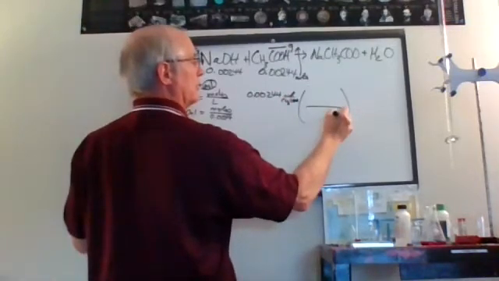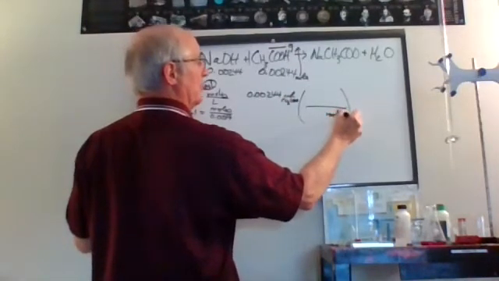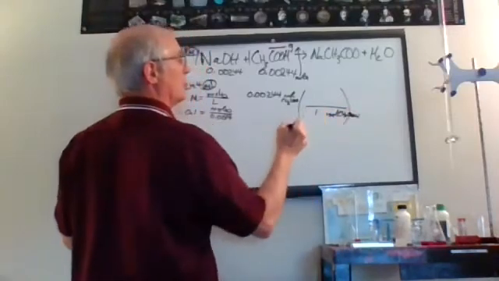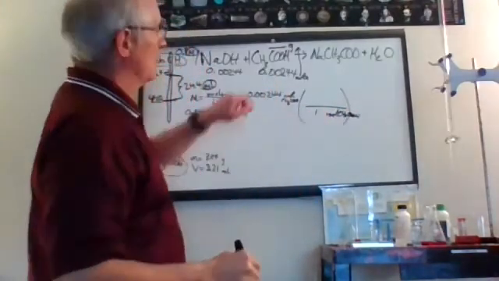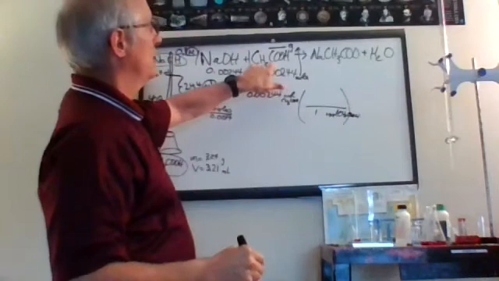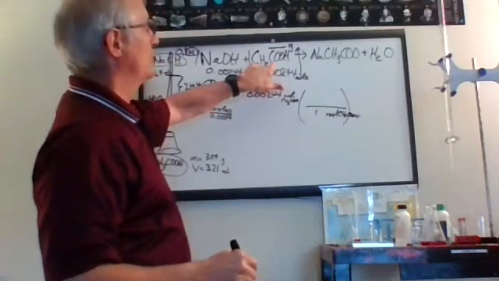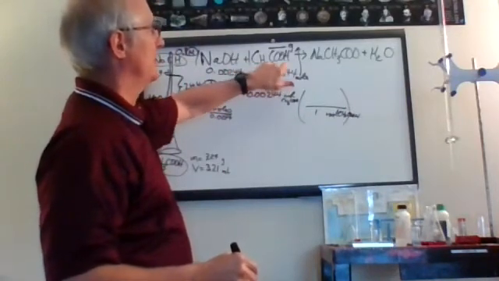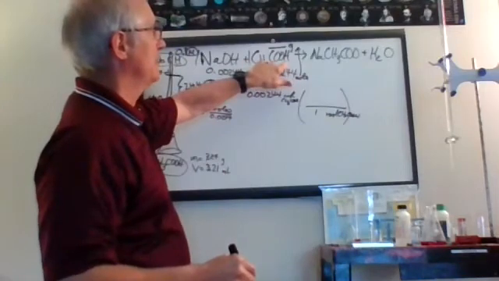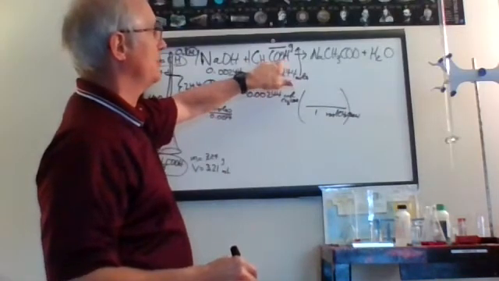Moles, CH3COOH. 1 mole weighs how many grams? Well, it's going to be 12 and 12 is 24, and 3 more makes 27, and 1 more makes 28. 28, and this is 32.